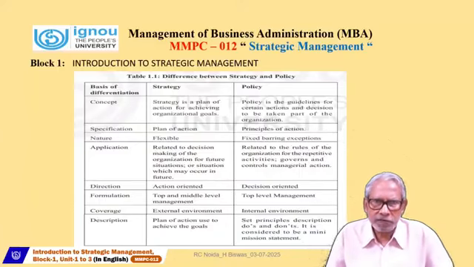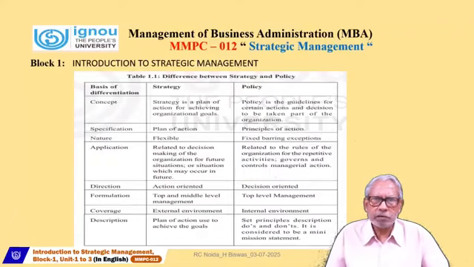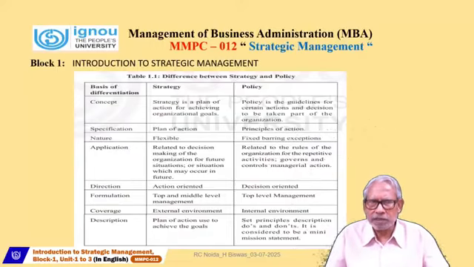Now, there are some differences between strategy and policy, as given. Sometimes we are confused about policy and strategy because the company has derived some policies. Because of lack of conception or lack of knowledge, we think that is strategy. It is not; there are some differences.